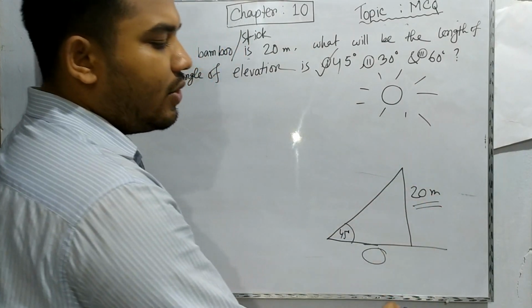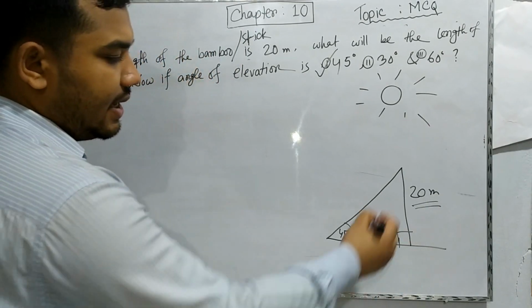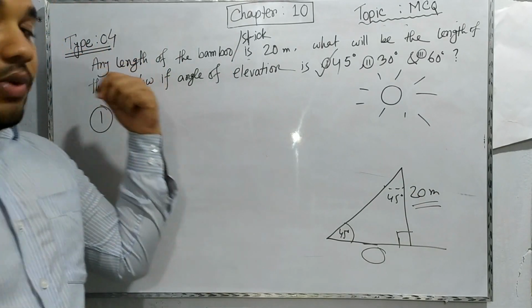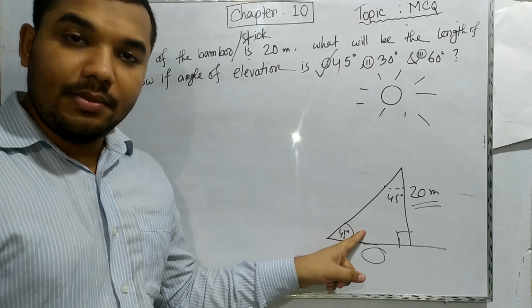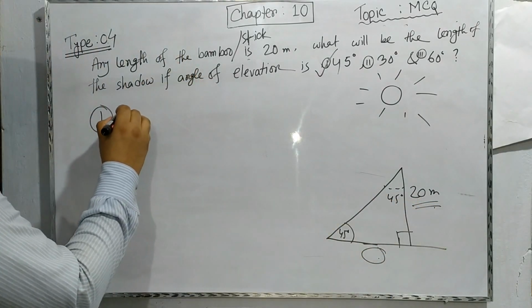Since the bamboo or stick is here, we can say here also we get 45 degree. And according to our type 3, if the angle is 45 degree, then our base and height must be equal.